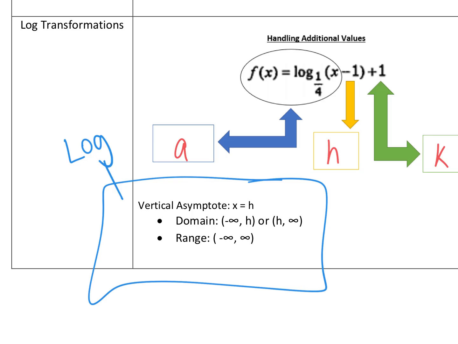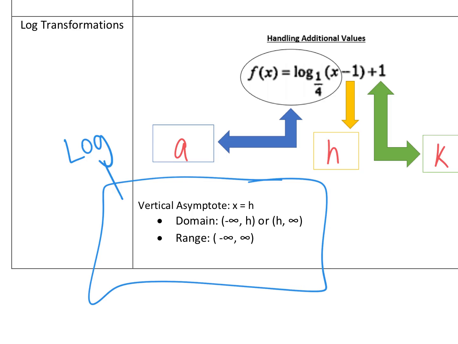Same thing with domain and range here. They look flipped because whenever I take the inverse of an exponential and I'm graphing a log, and this will make more sense when we do one, the range is not restricted with a log. So they can go down forever, they can go up forever. But the domain is restricted because what do I know about logs?